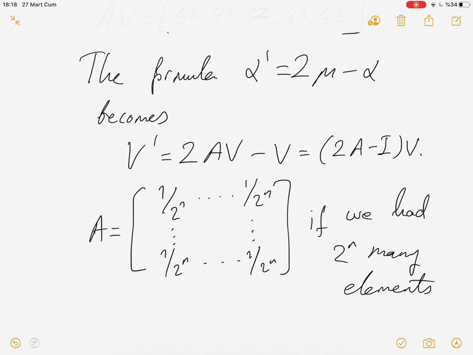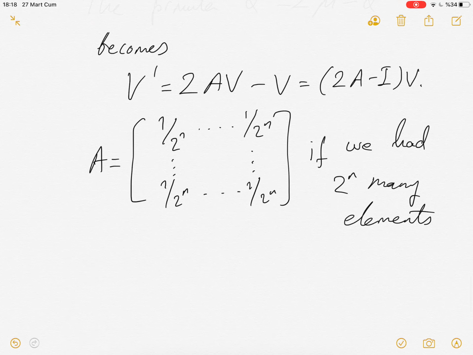But then how do we implement this using unitary transformations? Well, first we need to define an n-qubit operator. What we need to do is first apply an inversion around the state 0, and then apply a change of basis operator.